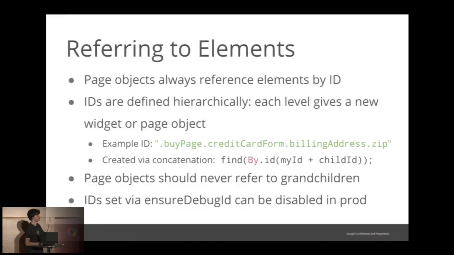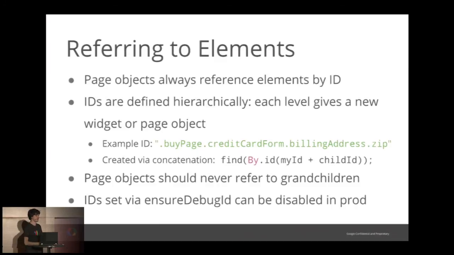IDs, basically, you have no reason not to use them in GWT. IDs are the most powerful because as you move items back and forth on the page, as long as the ID stays in one place, you can just keep consistently referring to them. There's still an interesting question of how you actually define those IDs, though. So the strategy I use is to define IDs hierarchically.